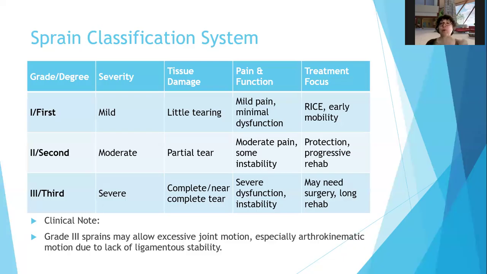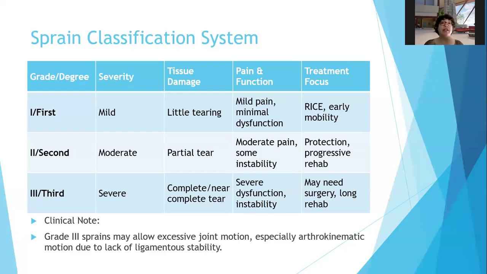So we'll talk more in other classes about the timeline for these things, but the less circulation a tissue has, the longer it's going to take to heal. So ligaments don't have great circulation, so they take a little longer to heal. And depending on the degree of the sprain, they might take a pretty long time, like 10 to 12 weeks.